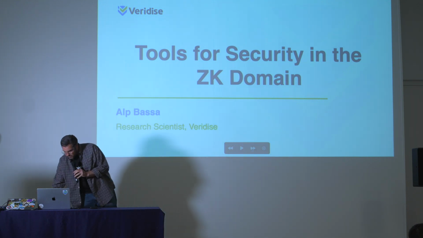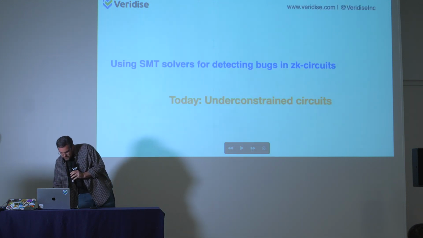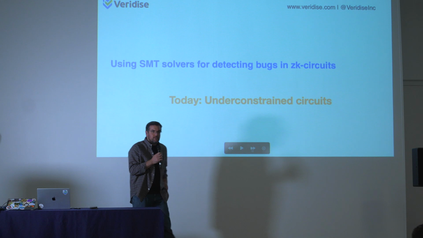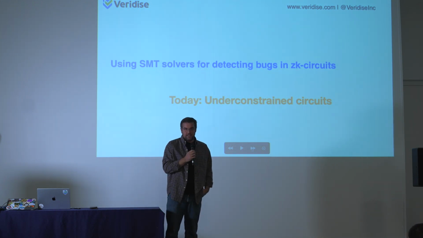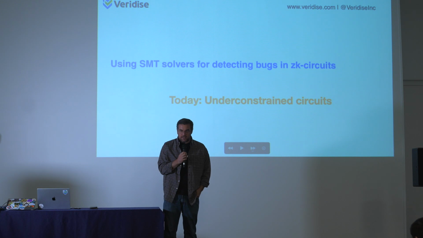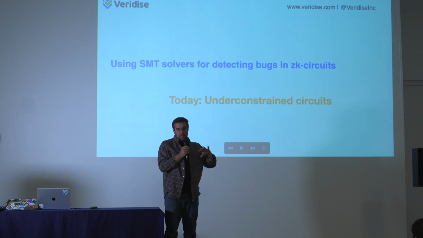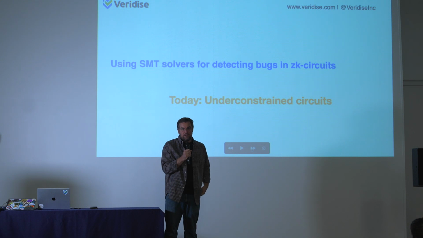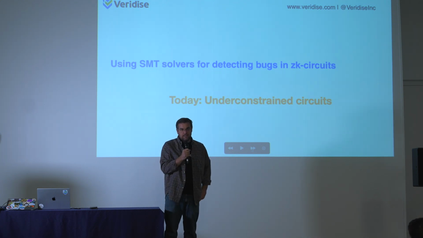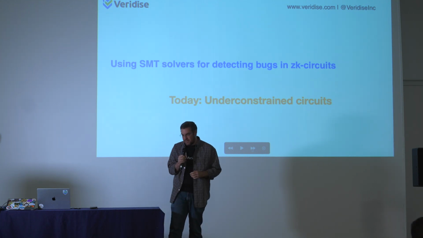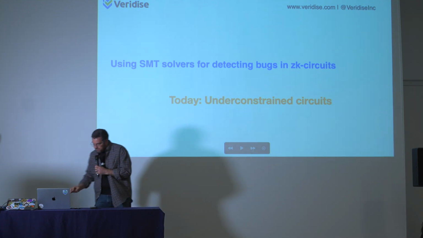Today I'll talk about how to use tools that depend on SMT solvers for the automated detection of bugs in ZK circuits. I will particularly concentrate on a particular kind of bug, namely what we call under-constrained circuits. But of course, you can also apply the same ideas to various other sorts of bugs that you might have in ZK circuits.